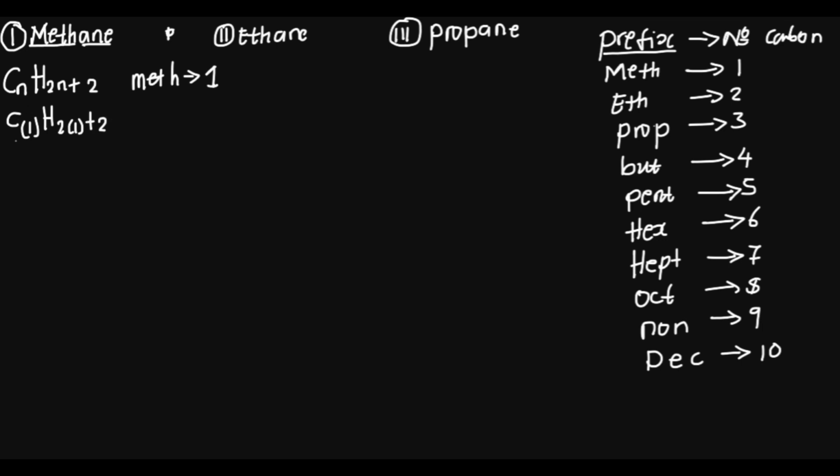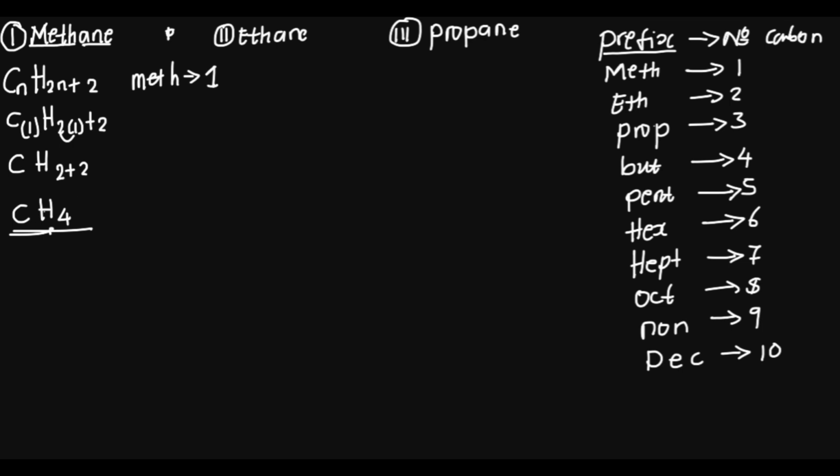We can now multiply C times 1, so here we are going to have just 1 C, then 2 times 1 is 2, plus 2. Then we can add 2 plus 2 is 4. So this is the molecular formula for methane, CH4. For those that may have just memorized this formula, this is how the formula came into existence.